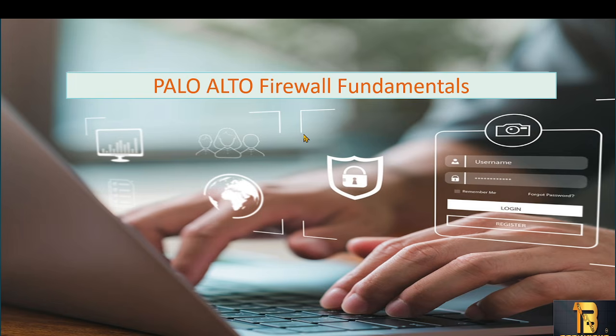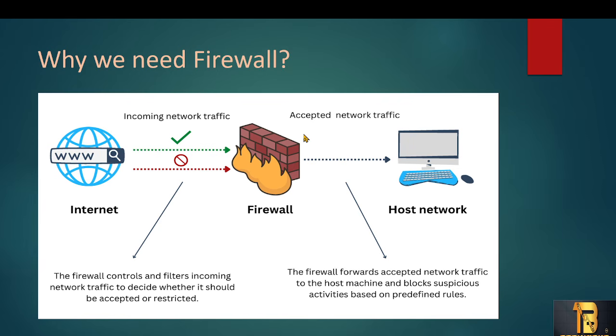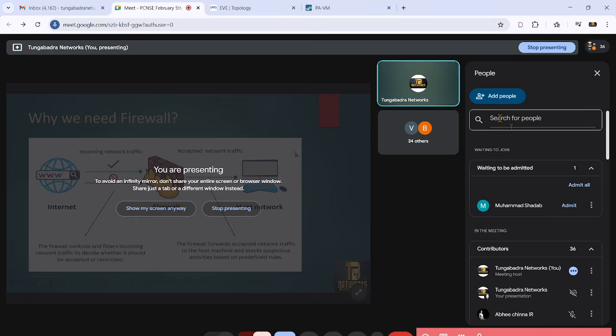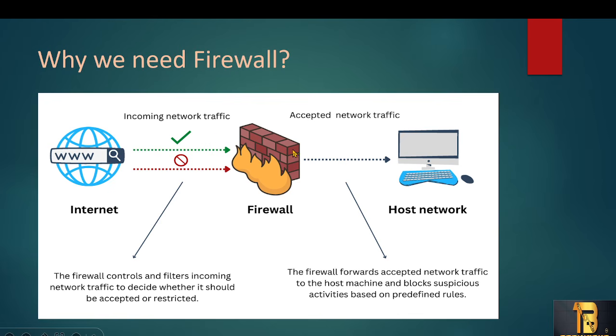Here, first thing, why do we need firewalls in the network? As you already know, you are well aware of routing and switching. Routing and switching mainly tell you how to send the data, and where to send the data.